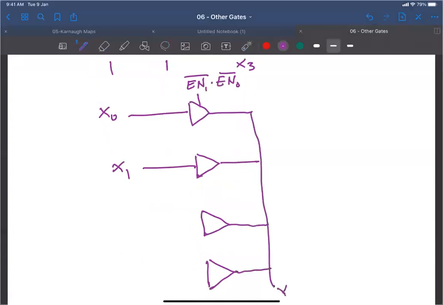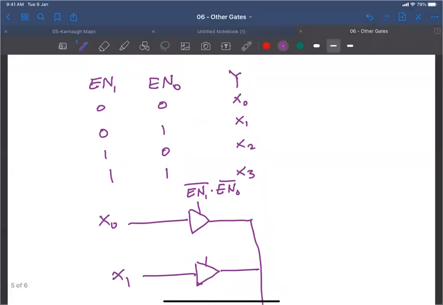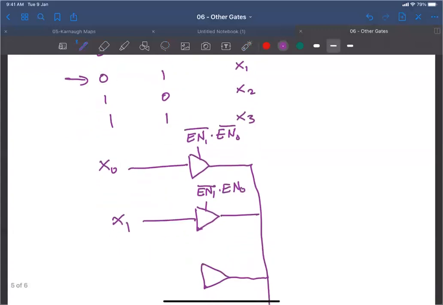And for X1, it is just the minterm. What is the minterm here? EN1 complement ANDed with EN0.